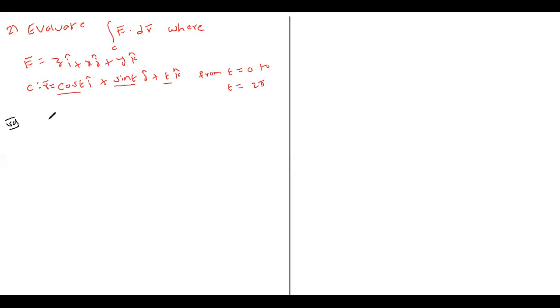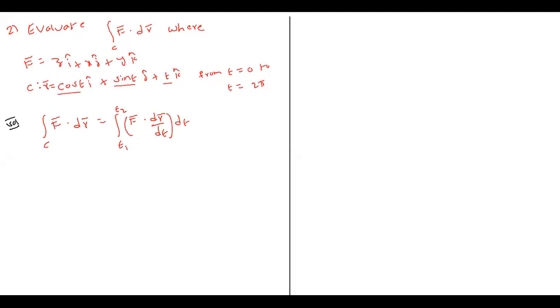So what is the formula for the integral over c of f bar dot dr bar? The integral of f bar dot dr bar over c is equal to the integral from t1 to t2 of f bar dot dr bar by dt. So now we want to find this dot product, f bar dot dr bar by dt.